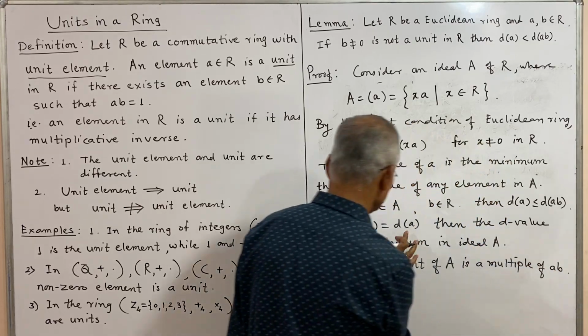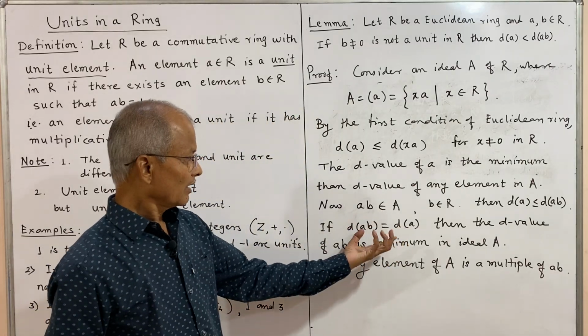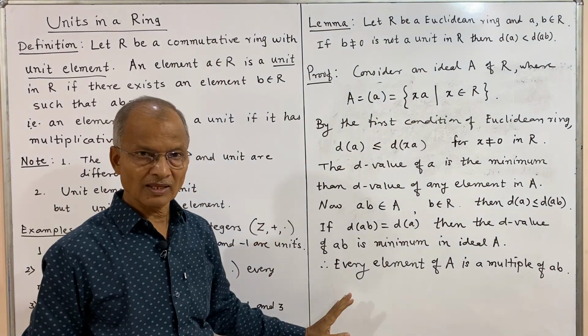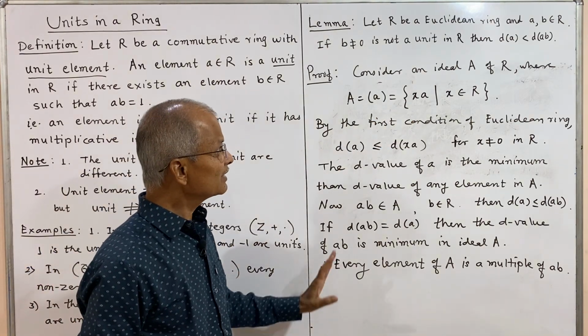If we assume this, then every element of the ideal A will also be a multiple of AB. Now in particular, A is an element in the ideal A.